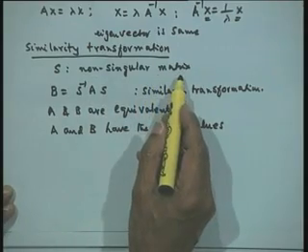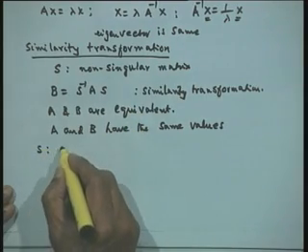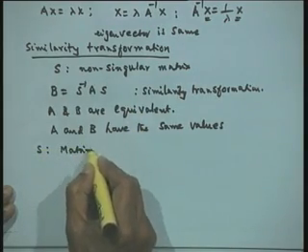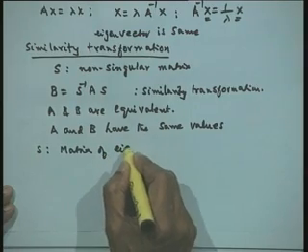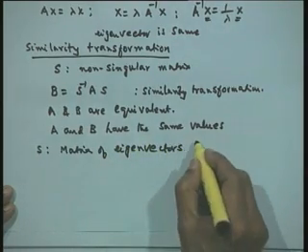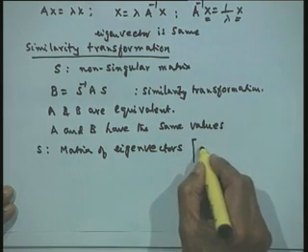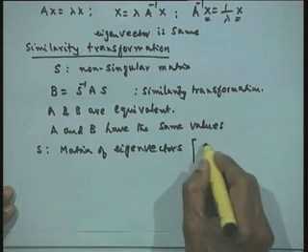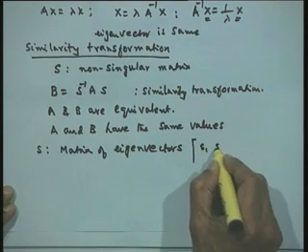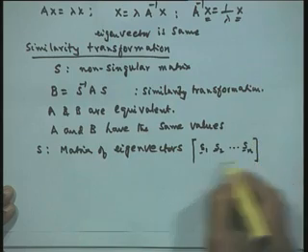Now, the second property is, we picked up S as any non-singular matrix. Let us suppose that S is the matrix of eigenvectors, with column vectors S1, S2, up to Sn.